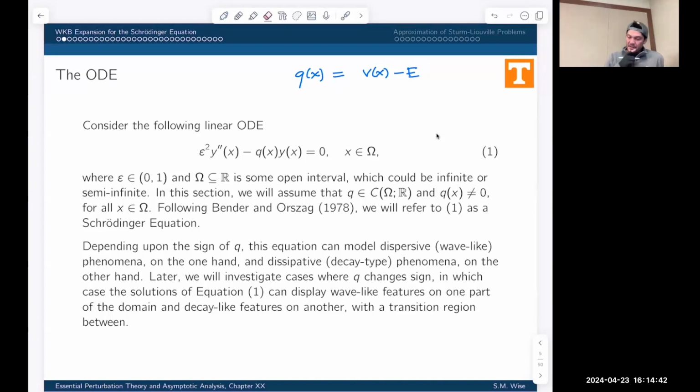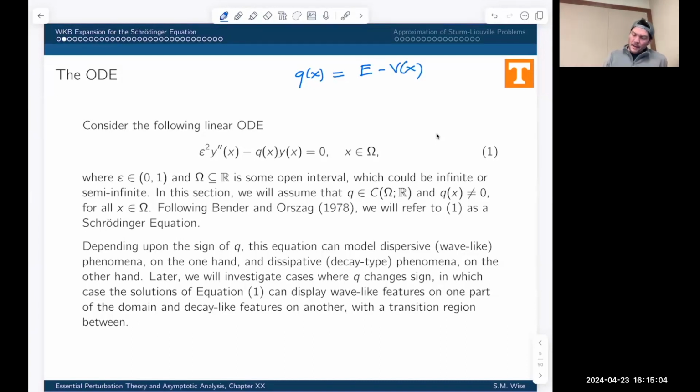I forget exactly. Maybe it's the other way around. I think it's E minus V. Is that it? Oh, okay.